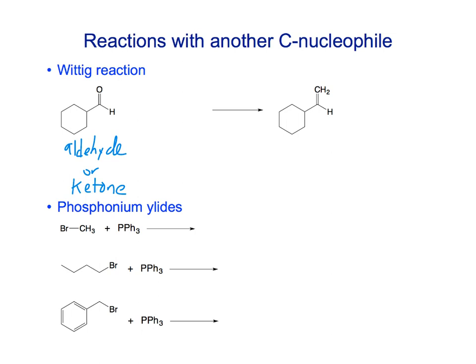And what's going to happen is that this oxygen of the ketone is going to get replaced with a carbon. So we're going to go from an aldehyde or a ketone to an alkene. Pretty tricky, huh?